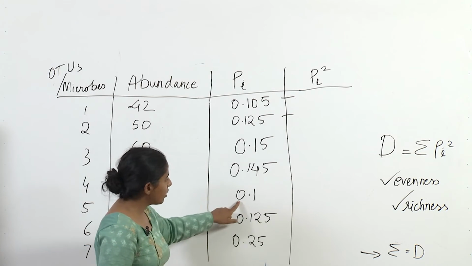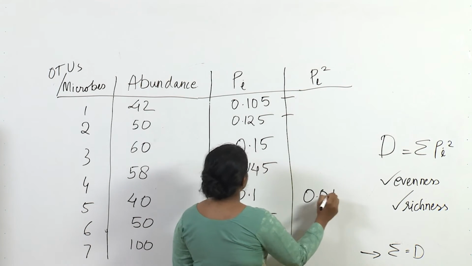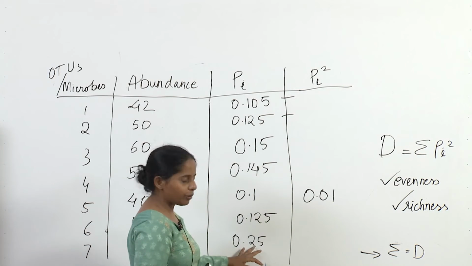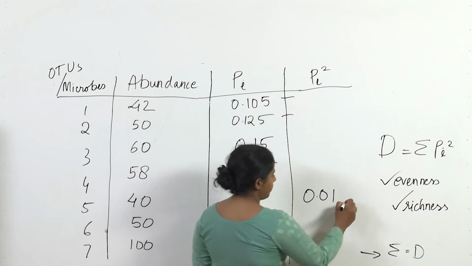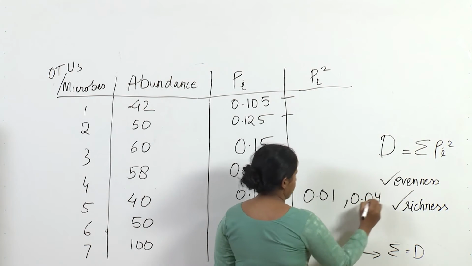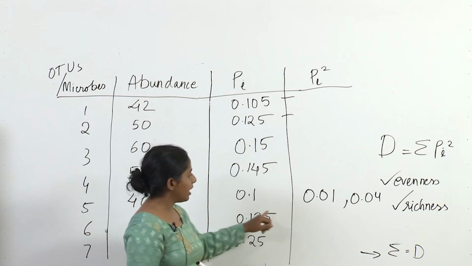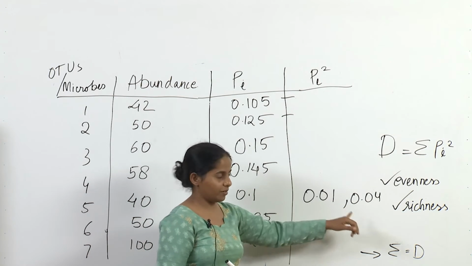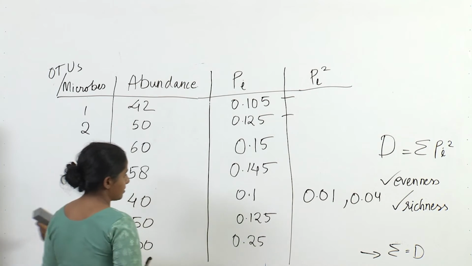For example, the square of 0.1 would be 0.01, whereas if I had 0.2, I do not have 0.2, but if I had, then the square would have been 0.04. So, here we have a difference of 2 and here we have a difference of 4. Thus, it accounts even for evenness.